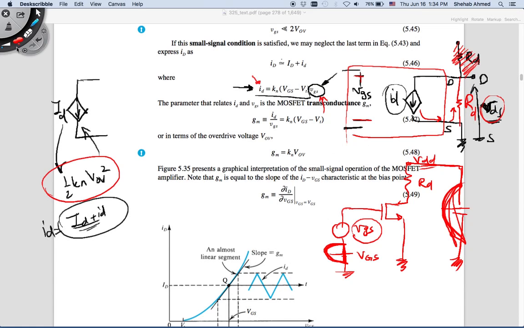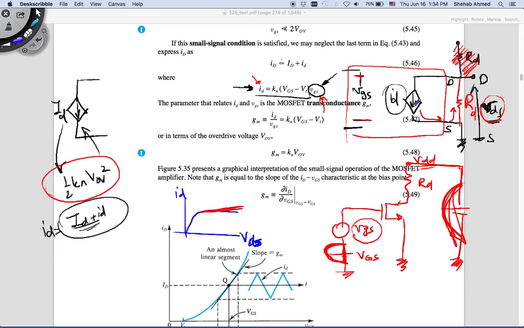The other thing that we need to consider as well is if we're going to include the effective channel length modulation. We said that with the effective channel length modulation, the output current will increase. Ideally, without the effective channel length modulation, this is ID versus VDS. If I'm going to include the effective channel length modulation, then this is not straight. This is on a slope like that, and the effect is that I have to put an output resistance.